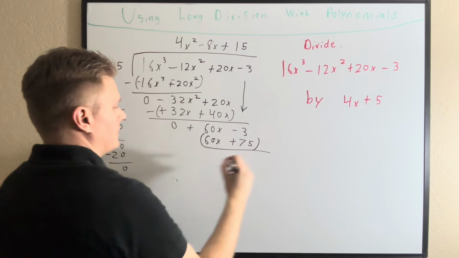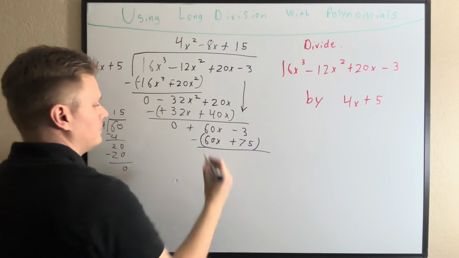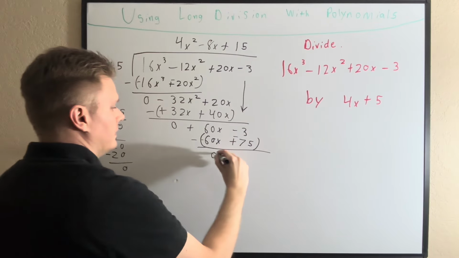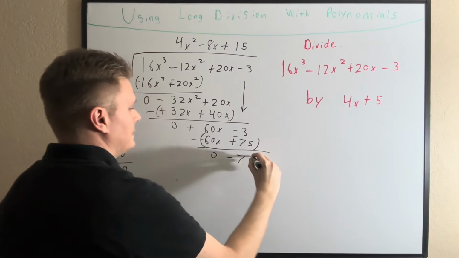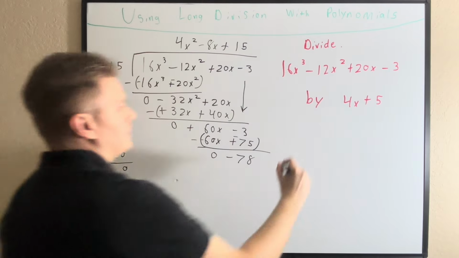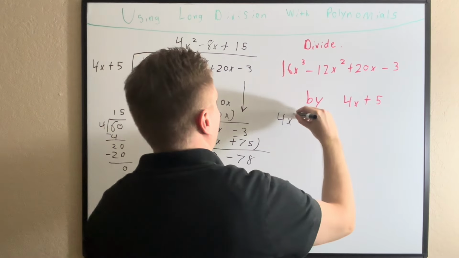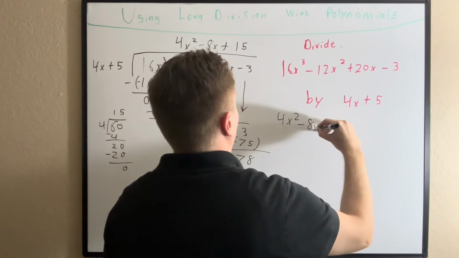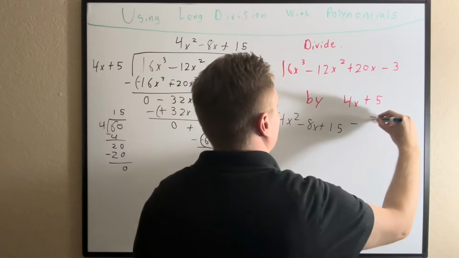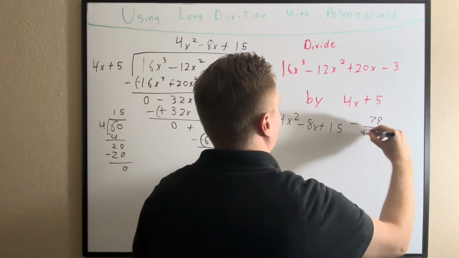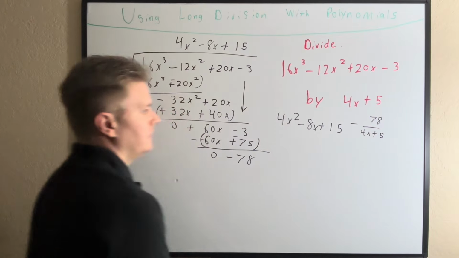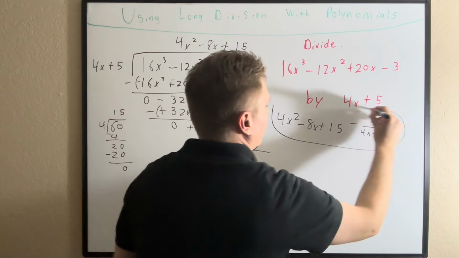Okay. And we subtract them. It changes the signs. We get a 0 here, and we get a minus 78. Ugh. So that's our remainder, I guess. 4x squared minus 8x plus 15 minus 78 over 4x plus 5. That is our answer.